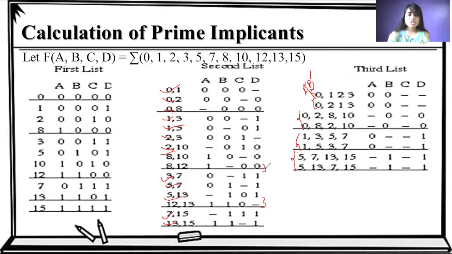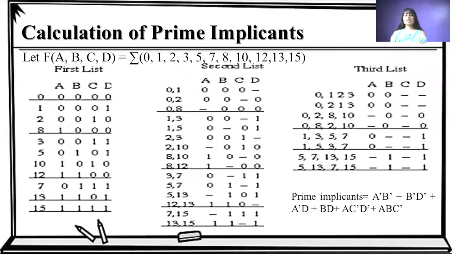Then for this we have a c dash d dash, and here we have a b c dash. So here the prime implicants for this logical function are a dash b dash plus b dash d dash plus a dash d plus bd plus a c dash d dash plus a b c dash.